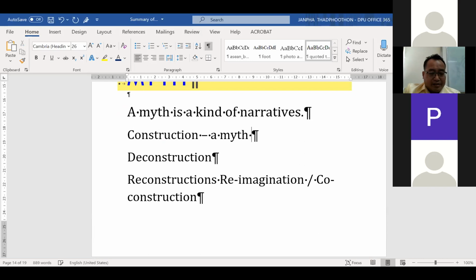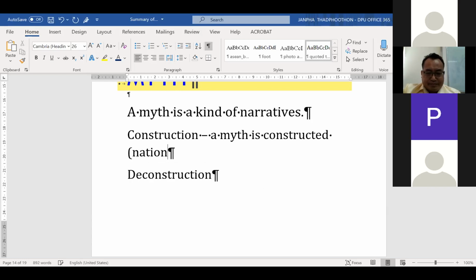When a myth is constructed, such construction serves several purposes: nation building, entertainment, and cultural values.